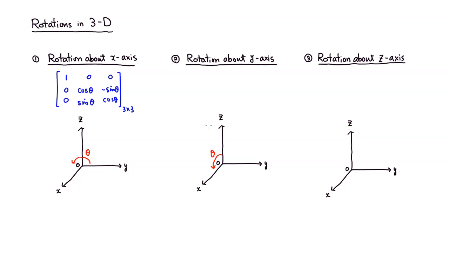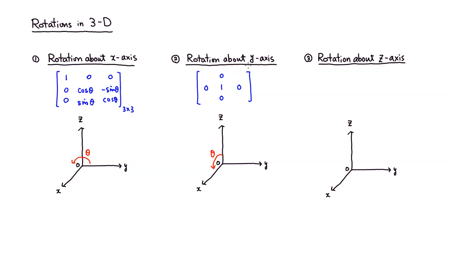Let's do the same approach. We don't want anything happening to y because there's no change in y coordinates, so you're going to have a 1 in the second row, second column, and then 0 in the same column and zeros in the same row.